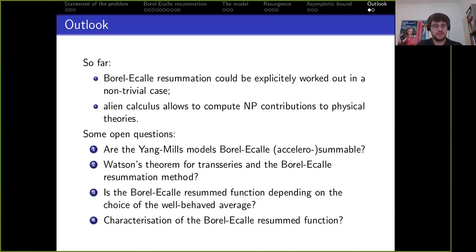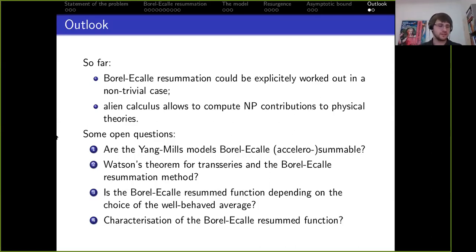That's what the Nevanlinna theorem is, and that would, I think, be extremely interesting in this framework, because, as I said, the Borel-Écalle resummation gives you an existence theorem, and trans-series gives you computational power. So it will allow you to relate those two, or at least to take some of the computational power of the trans-series approach into the Borel-Écalle resummation approach.